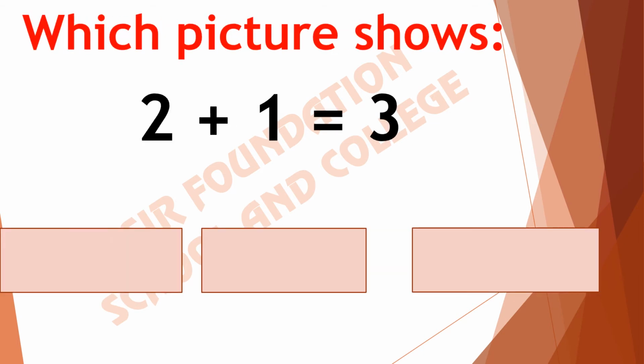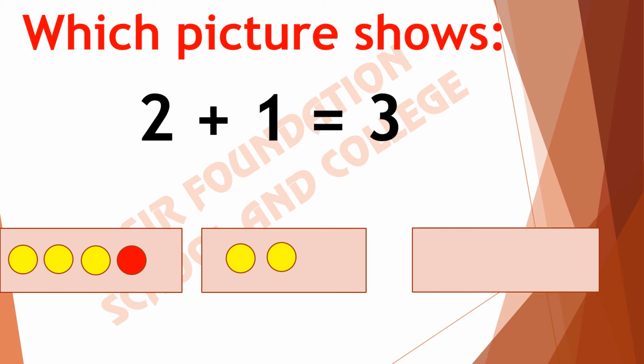In the first picture, 1, 2, 3. There are 3 yellow circles and 1 red circle. There are 4 circles. In the second picture, we see that 1, 2.